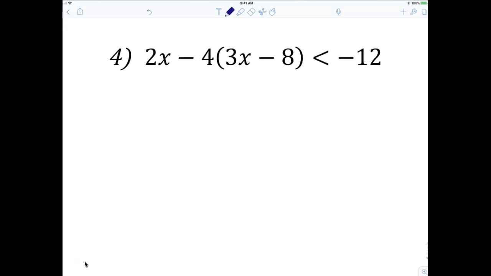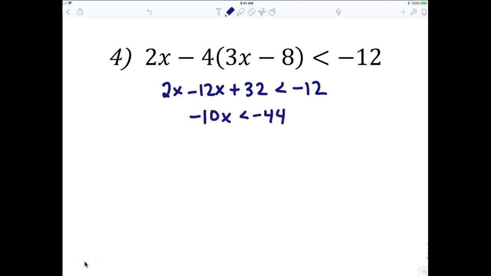Good problem. So we have 2x minus 12x plus 32 is less than negative 12, right? Now I think it's important to combine terms. So we would say negative 10x is less than negative 44.